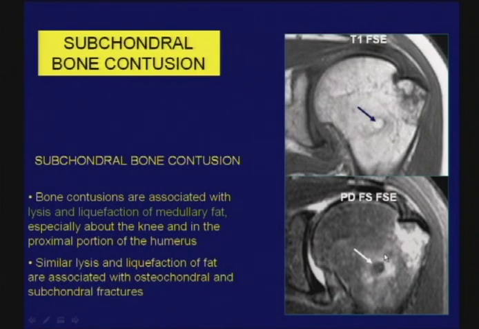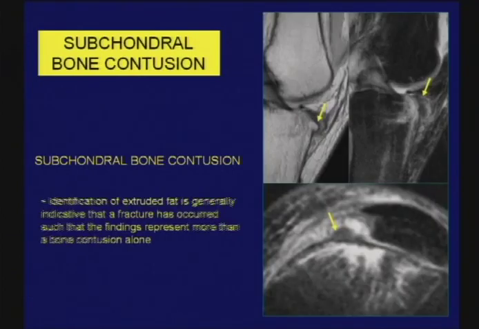This is a common finding that you see particularly following greater tuberosity fractures, as in this case. So we think lysis of fat is part of what makes up bone contusions in general, and sometimes these can look really troublesome and almost look like another process is going on.